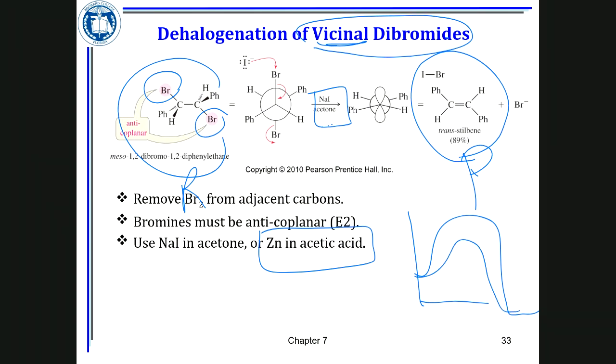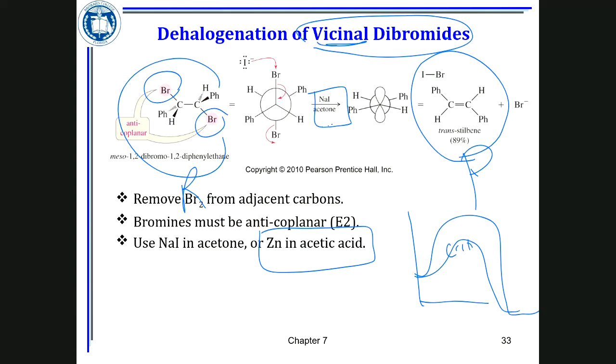If you don't have the catalyst, the heat for the reaction is not enough. Your reaction is going to be highly endothermic. It's not going to happen. So you have to use a catalyst.